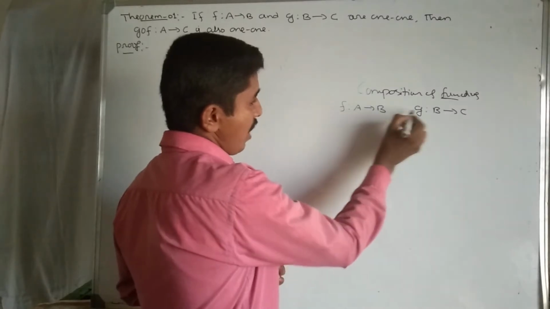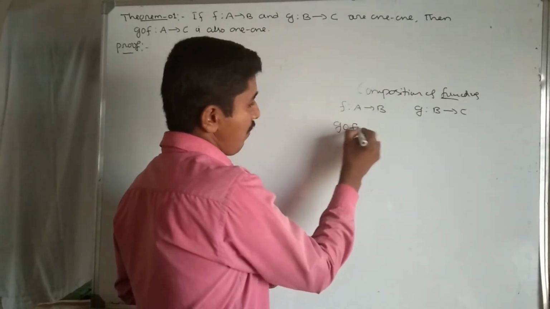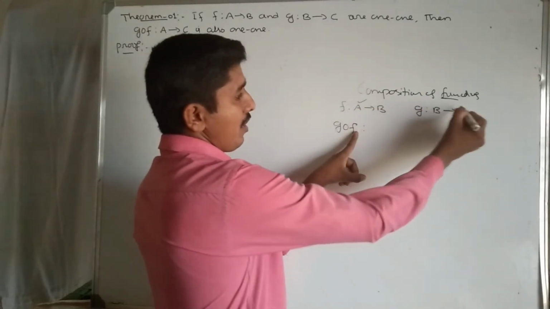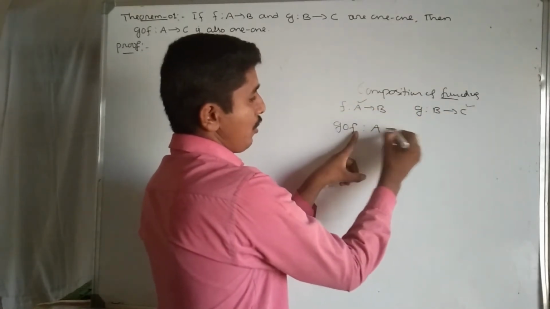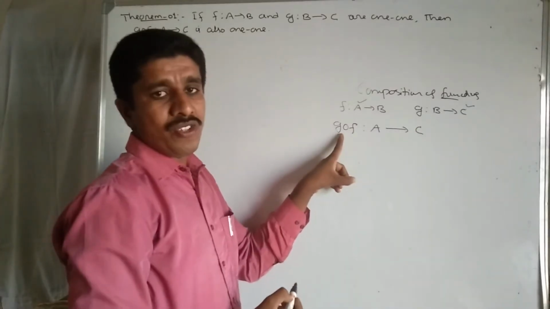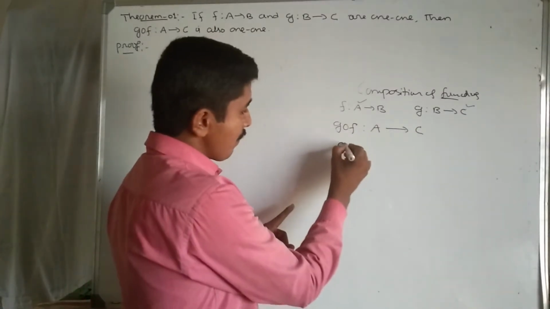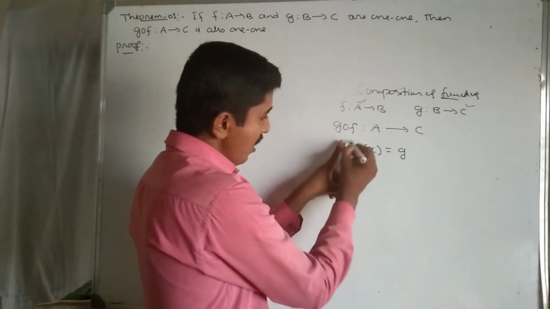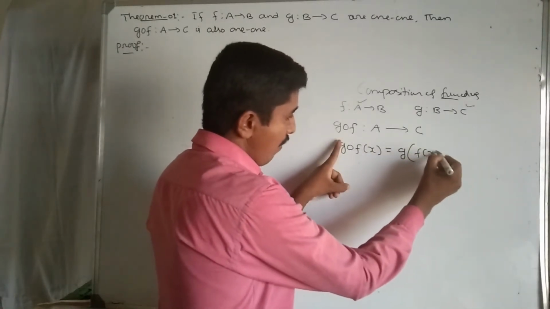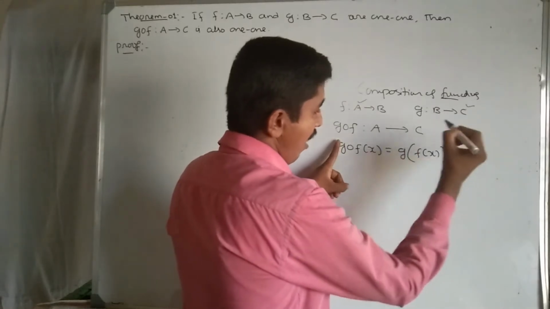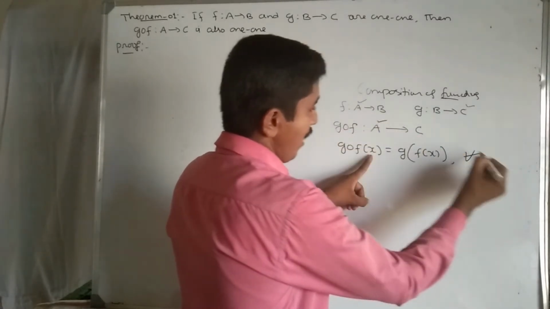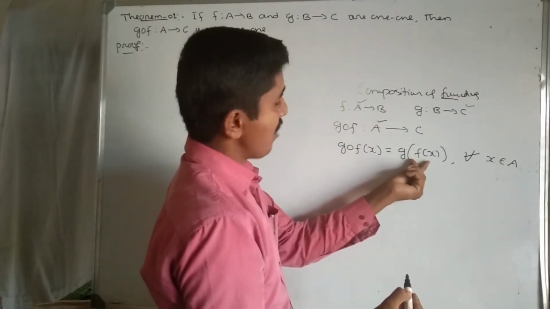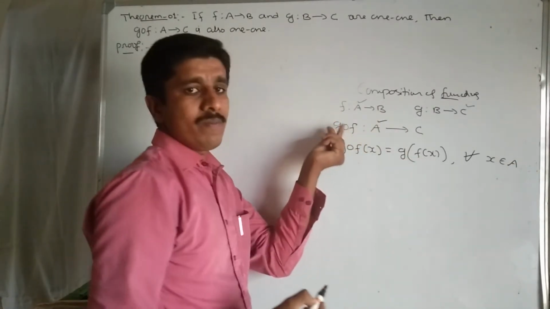The composition of f and g, denoted by gof, from f's domain set A to g's codomain set C, A to C, is also a function defined by gof(x) = g(f(x)) for all x belongs to the domain set A. Here g(f(x)) belongs to the range of gof.